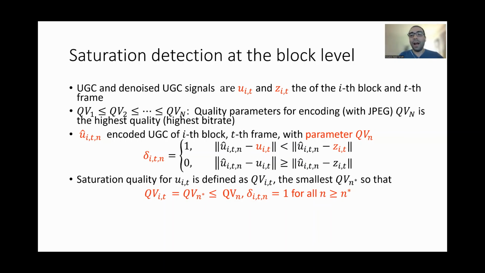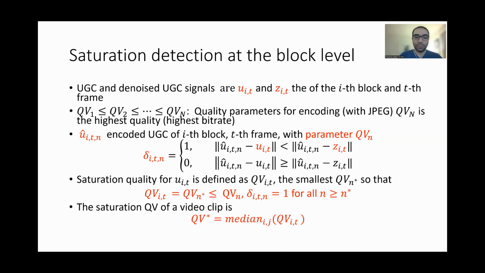So basically, once we have reached the saturation region, increasing the bit rate keeps us in the saturation region, and we want to find the smallest quality value that has this property. And then the saturation quality of a video clip is basically the median over all frames and blocks.